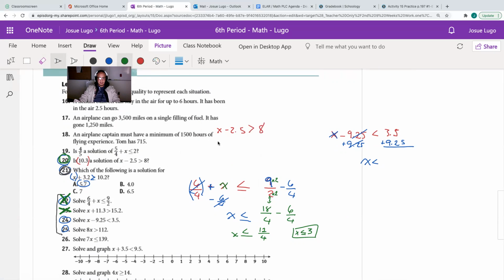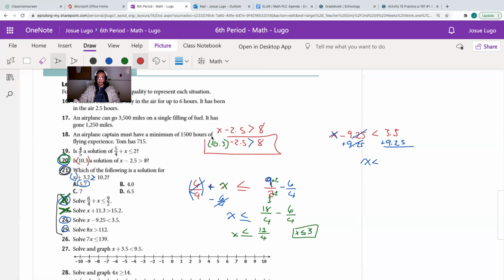In other words, instead of an x, I'm going to use 10.3, and I want to see if 10.3 minus 2.5 really is greater than 8. We'll work that out. What is 10.3 minus 2.5? Is it greater than 8? If it is, then yes, it is a solution. If it is not, then the answer would be no.